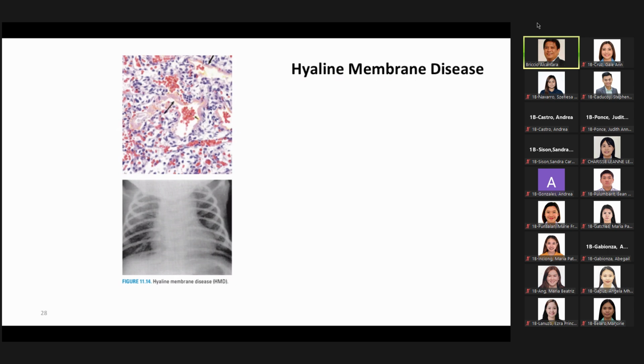There you can see less of your opening of your alveolus, class, and this is the X-ray of your respiratory system, class. So your hyaline membrane disease is usually seen in premature infants, class. So if you deliver the infant at less than 36 weeks, likelihood of your surfactant deficiency will be there.